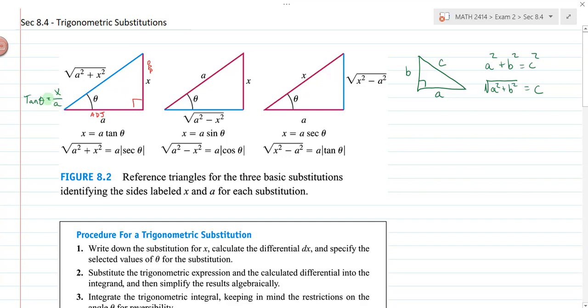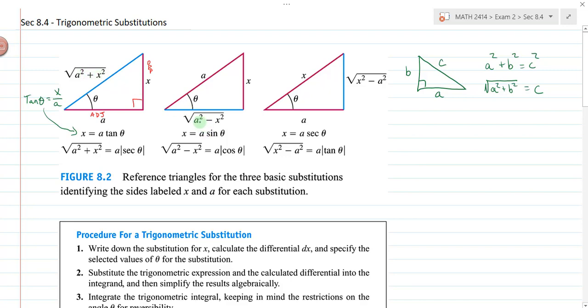If I solve that equation for x, I would multiply both sides by a, and that's where this comes from: x is equal to a tan theta. Now I said if at all possible, we want the opposite side to be x, the adjacent side to be the constant, and the hypotenuse to be the radical. That's only possible if we have the sum of two squares.